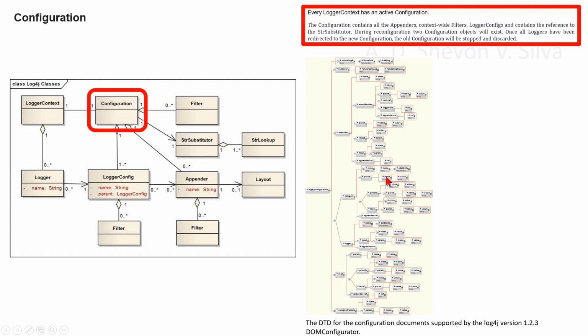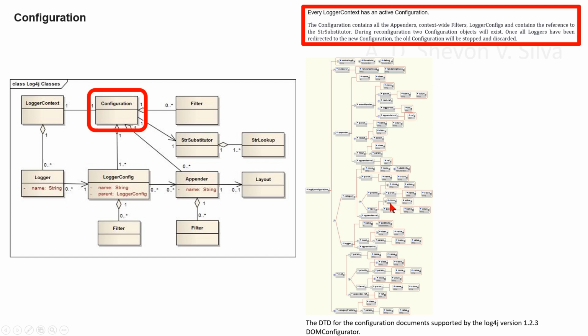class string, name string, additivity enumeration, and param and appender-ref. Here param interacts with name string, value string. Priority interacts with class string and value string, and param interacts with name string and value string.